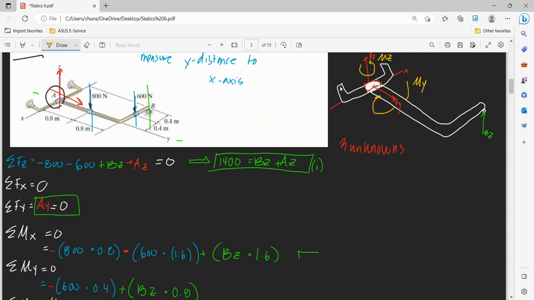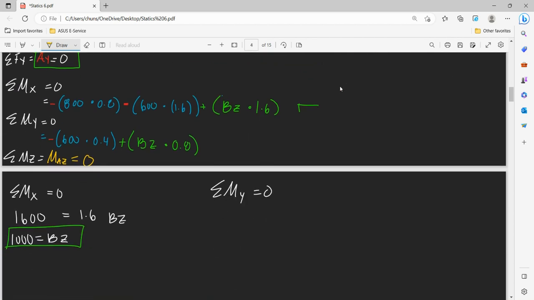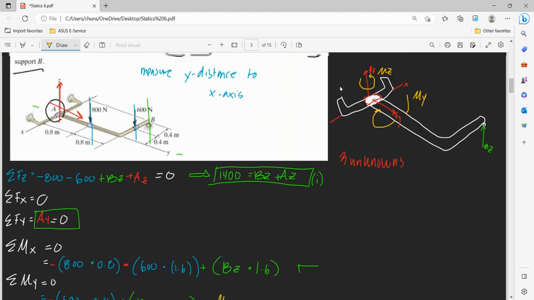And now that we have our my, this is added to our my equation. And the reason it's positive is because we assigned this as our positive y-axis.